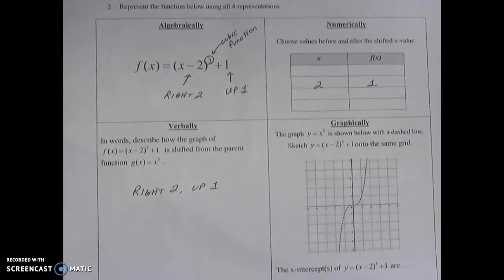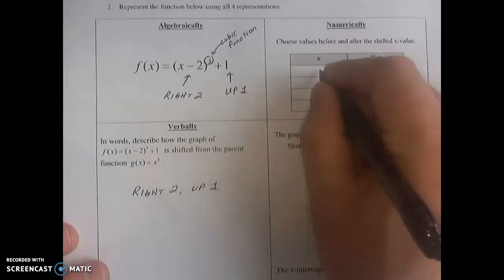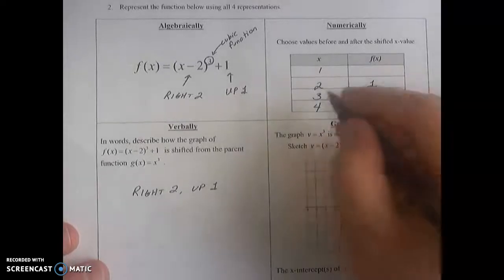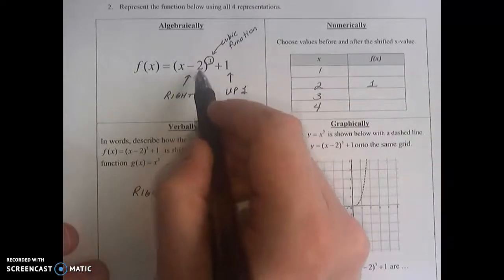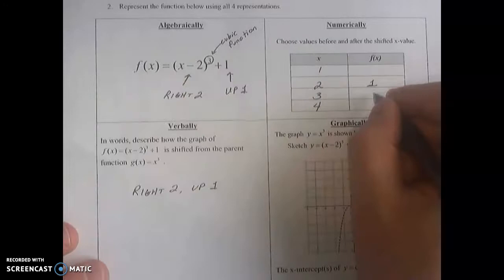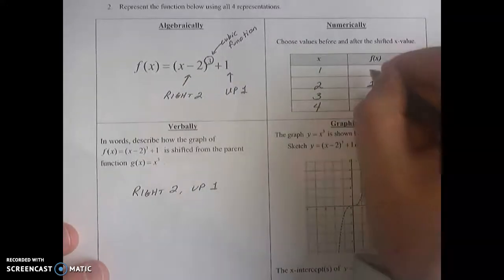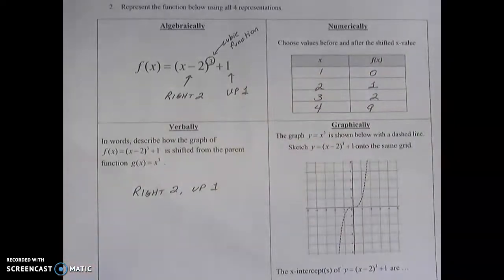Okay? That was where that 0, 0 point was. We can do the same thing with the number 3, the number 1, the number 4. When we plug in a 3, 3 minus 2 is 1. 1 to the third power is 1. 1 plus 1 is 2. Okay? And then we can do this here. All right? We can trust that that table is correct.